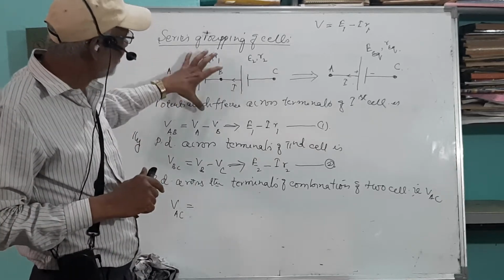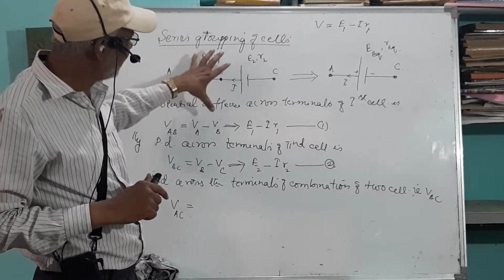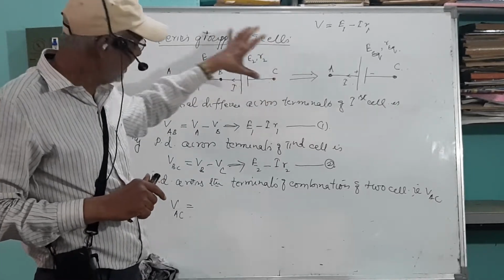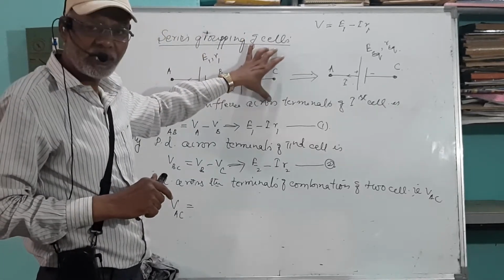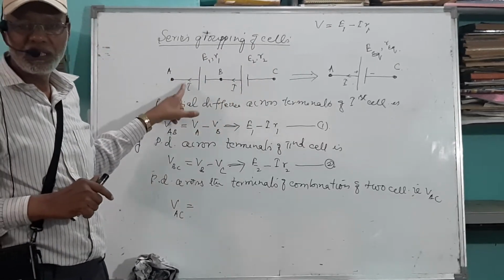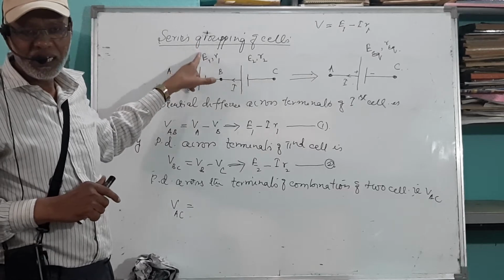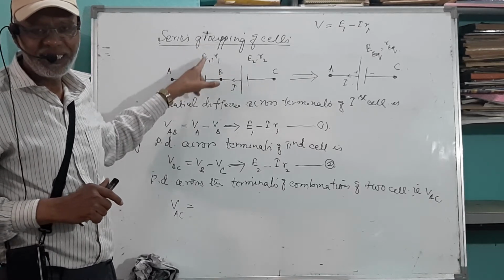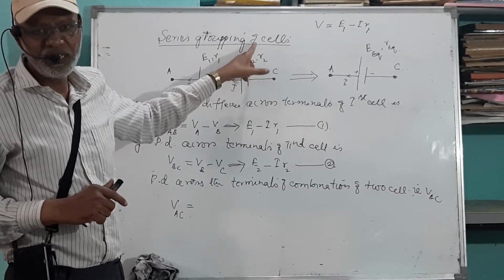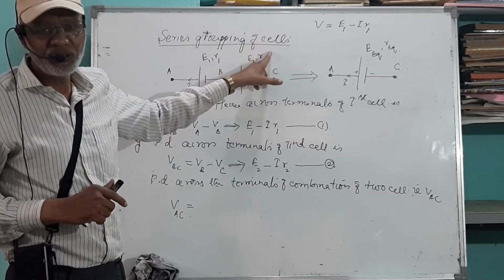Today we are discussing the series grouping of cells. While discussing it, you have seen that there are two cells we consider. For the first cell, its EMF is E1 and its internal resistance is R1. For the second cell, its EMF is E2 and its internal resistance is R2.